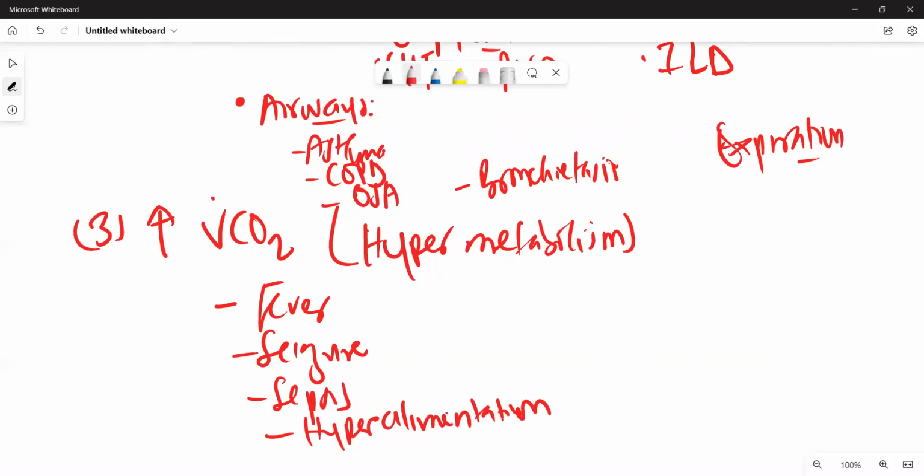Any of these will increase our body metabolism, and that can increase carbon dioxide production. You can even add thyrotoxicosis here, right? And as a result, that can increase the partial pressure of carbon dioxide.